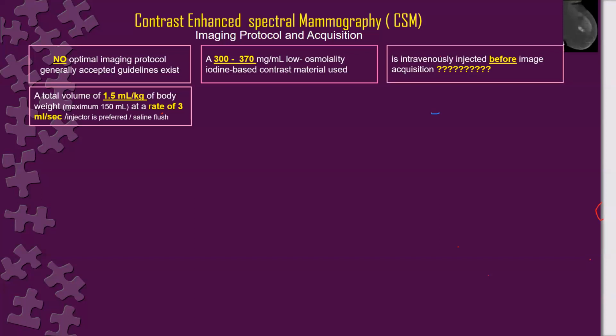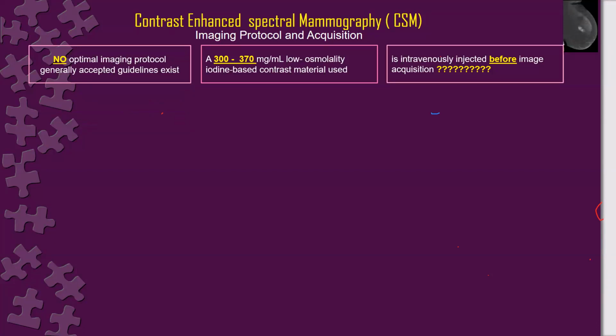Why? In breast image acquisition, what are we doing? Mammography, compression. And what will happen if we compress the breast? The contrast will not go easily, so we need time. Yes.